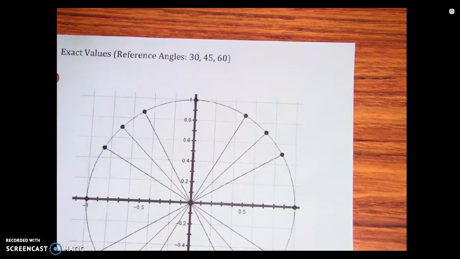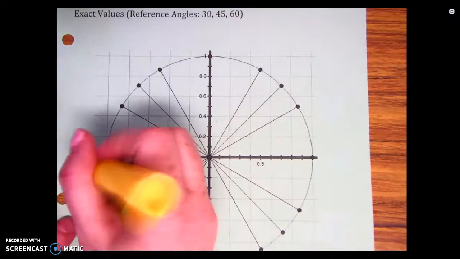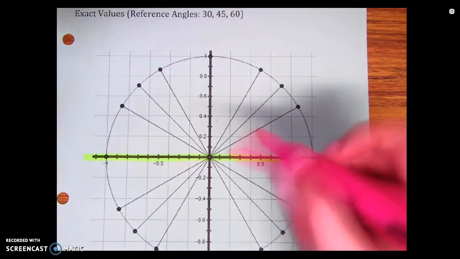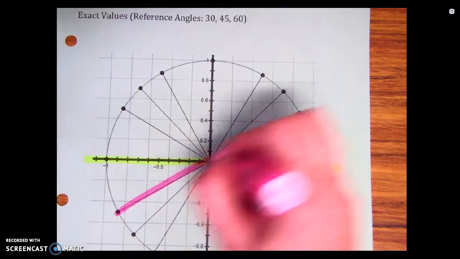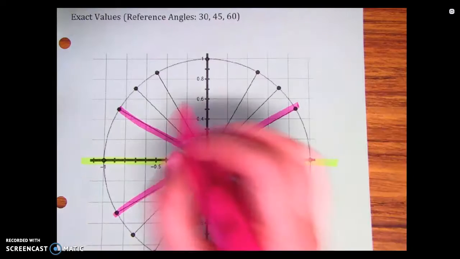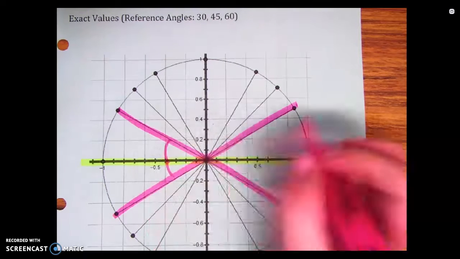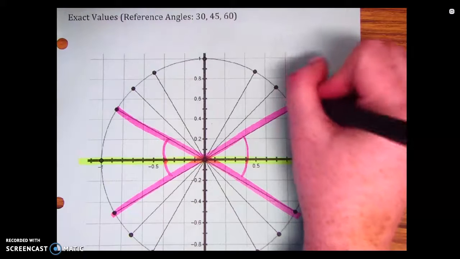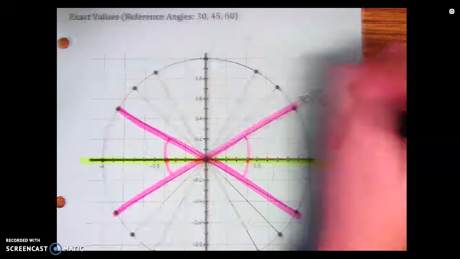So again, I'm always finding how far it is from the x-axis. I'm going to have my 30-degree angles because, again, they're 30 degrees away from the x-axis. So again, I have 30, or pi over 6.